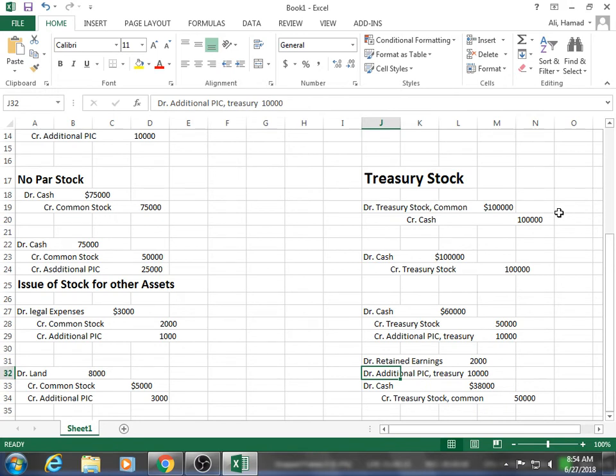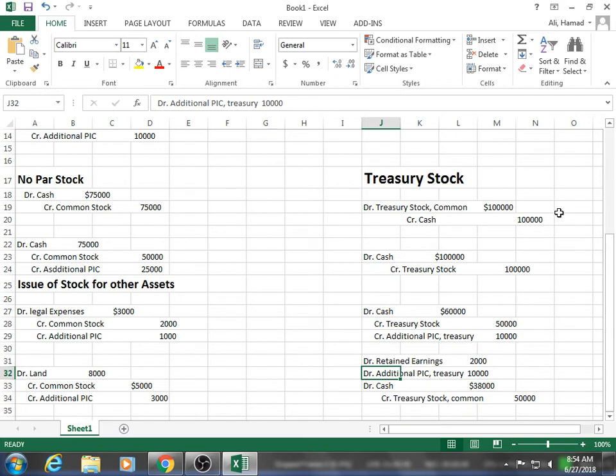So let's look at this transaction for a second. On November 15, Kodak decides to retire 2,000 shares of stock that it bought back for $100,000. Now, anything that belongs to those shares, you have to take out of the records. If they have a PIC, you take that PIC out of the records. Okay?